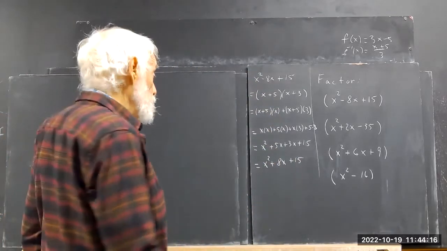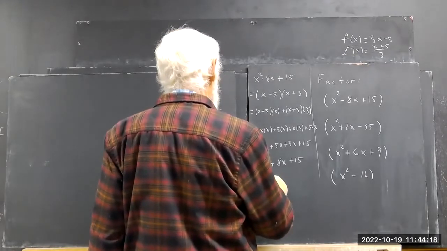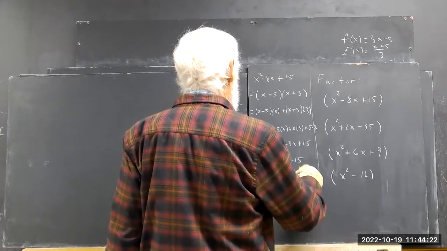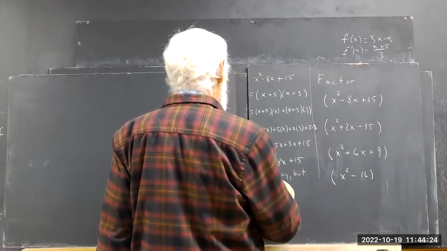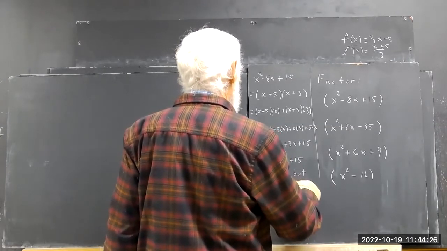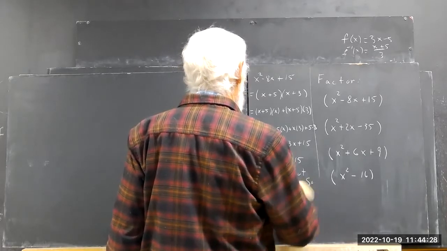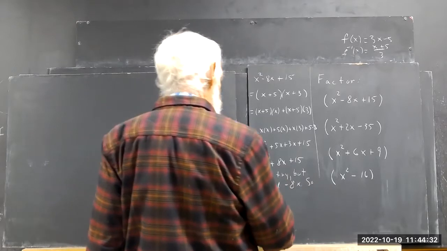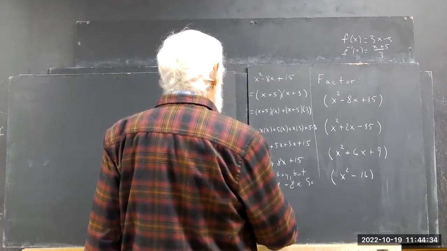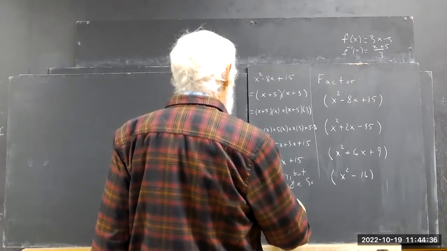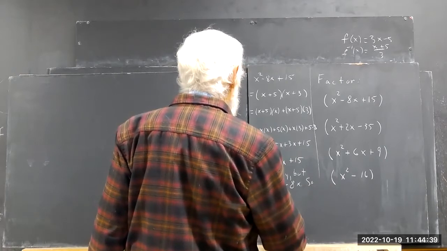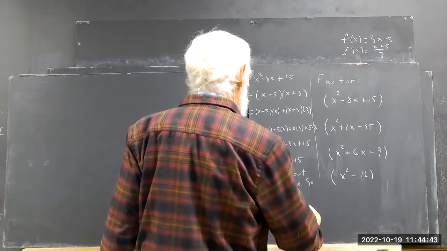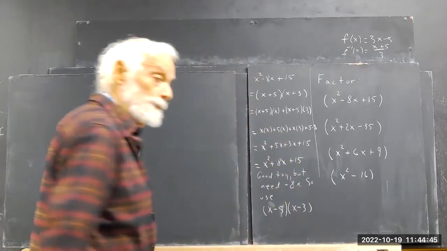So what we have is a good try, but we need negative 8x, so we use x minus 5 times x minus 3.